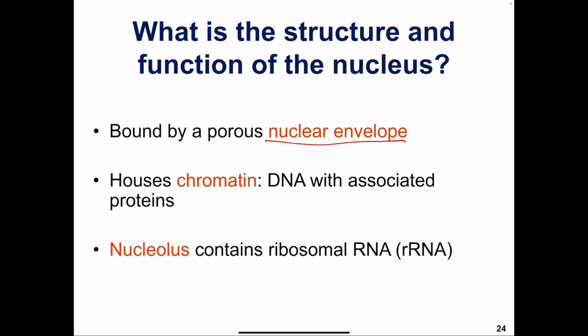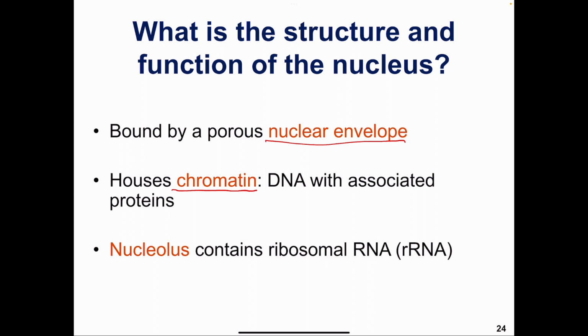And inside the nucleus, we're going to have the nucleoplasm. The nucleoplasm is going to contain DNA, proteins, and carbohydrates, a bunch of things. Now, DNA is not just in the form of DNA, it's combined with protein and forms a structure that we call chromatin.